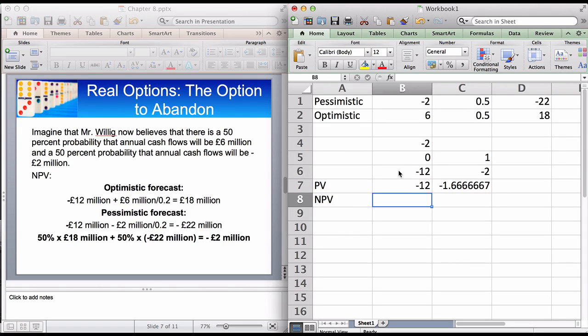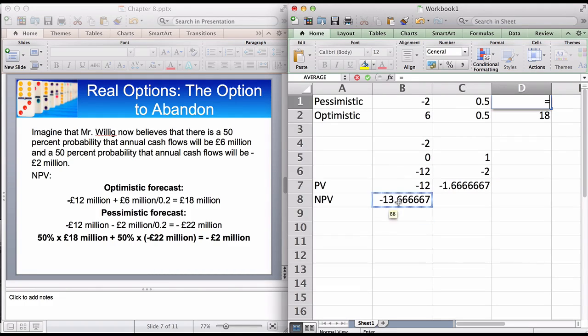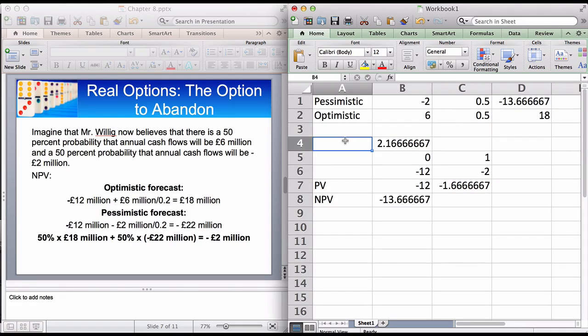So the NPV is the sum of these, and we're given an NPV of minus 13.67. So under the pessimistic scenario, instead of having a negative NPV of minus 22 million, if we abandon, we now have a negative NPV of minus 13.67 million. And the expected NPV is then transformed from being negative 2 million into positive 2.16 million.